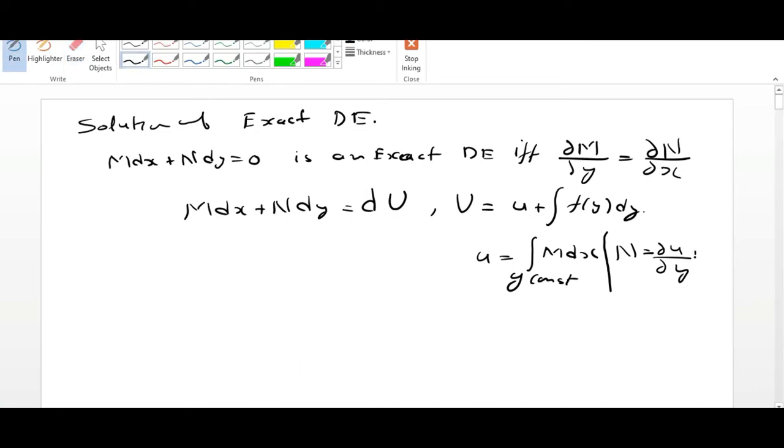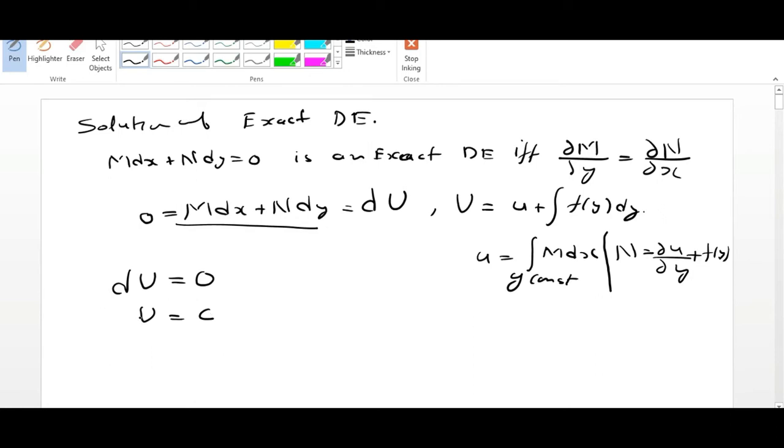So now let's try to find the solution. Now we know that this M dx plus N dy is basically equal to 0. So what you observe is that dU is equal to 0. Now if we integrate both sides, U comes to be some constant c.